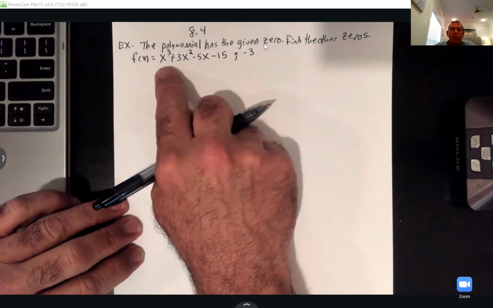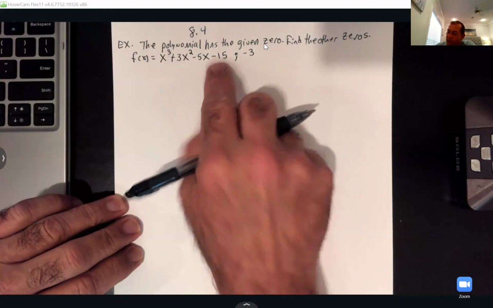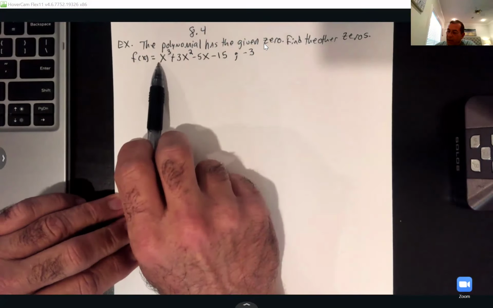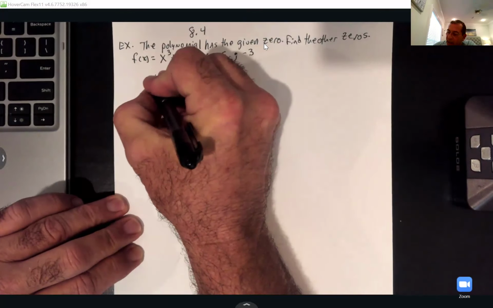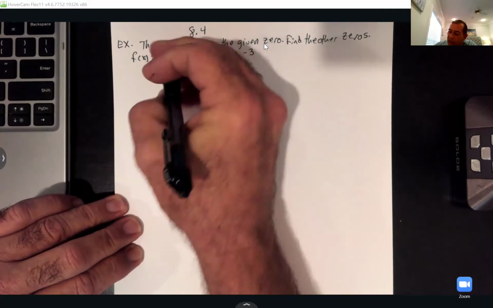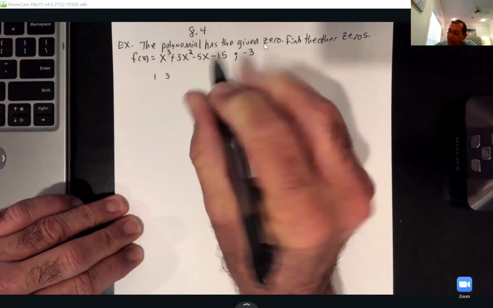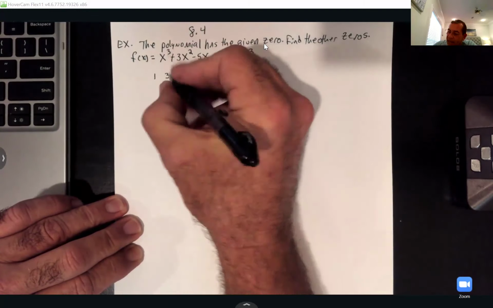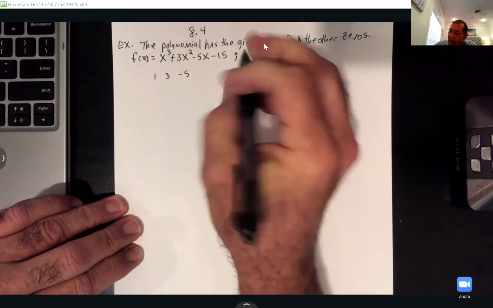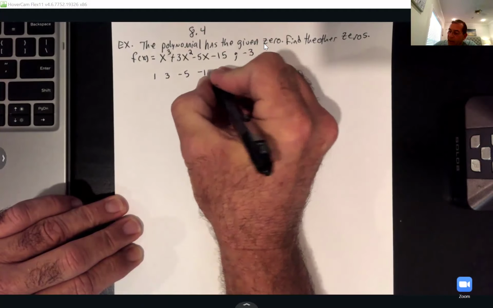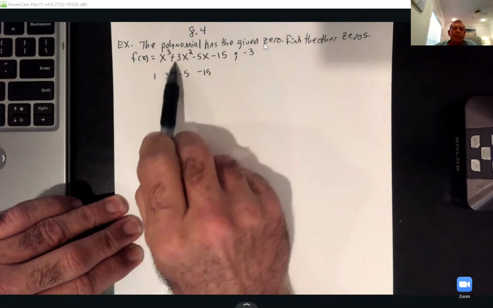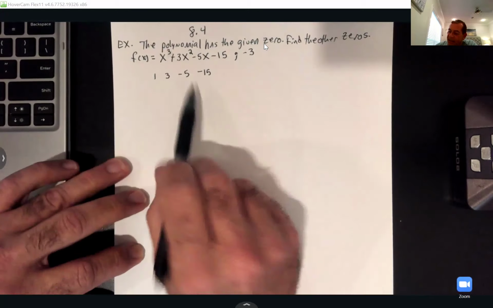So first, we'll start with our coefficients. So let's see, we got a 1 for the x to the third, 3 for the x squared term, -5 for the x term, and then -15 for the constant number term. So nothing's missing, so I didn't need any zeros.